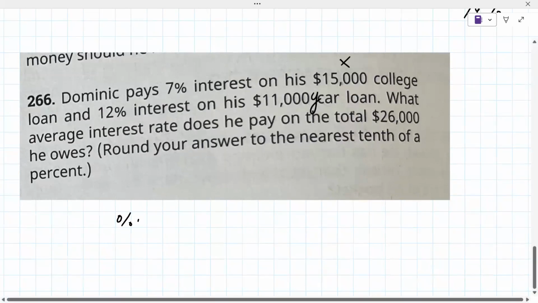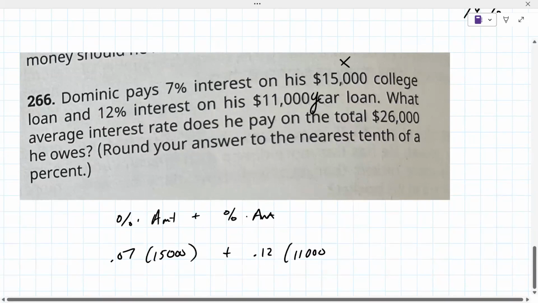So that percent times amount plus percent times amount we already have. It's 0.07 times 15,000 plus 0.12 times 11,000 equals. What we don't have is the percentage, which will be the variable, but we know the total amount is 26,000.